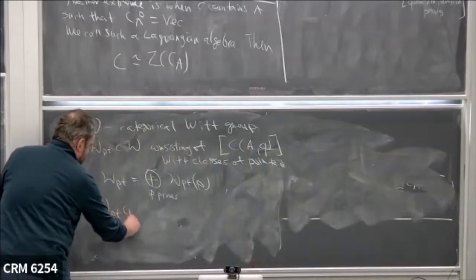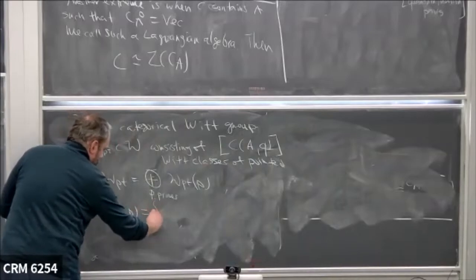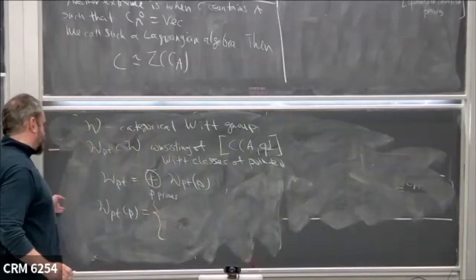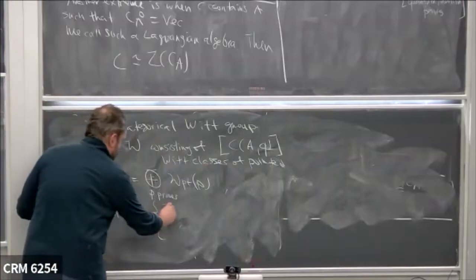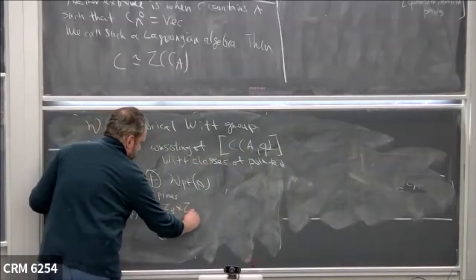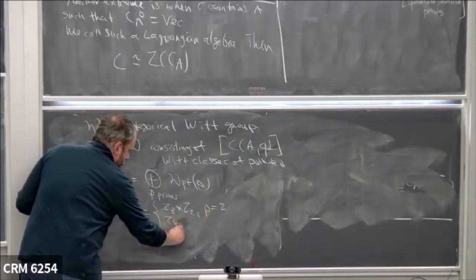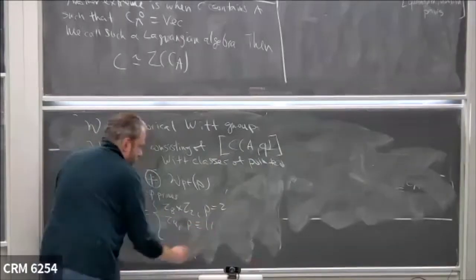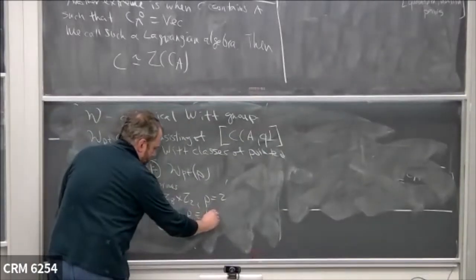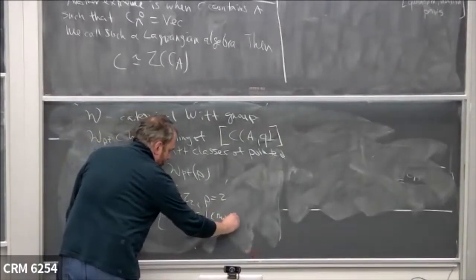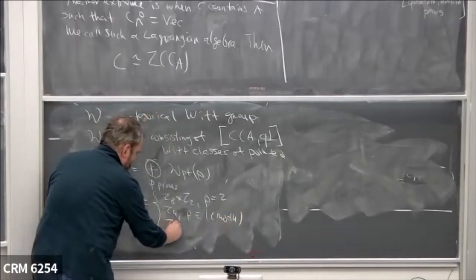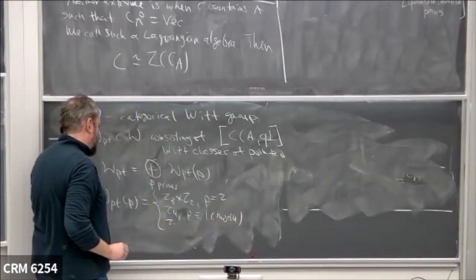W pointed P. Now it is most non-trivial when P is equal to 2. It's Z8 cross Z2 when P is equal to 2. It's Z4 if P is congruent to 1 mod 4, and it's Z2... I think it's 3.